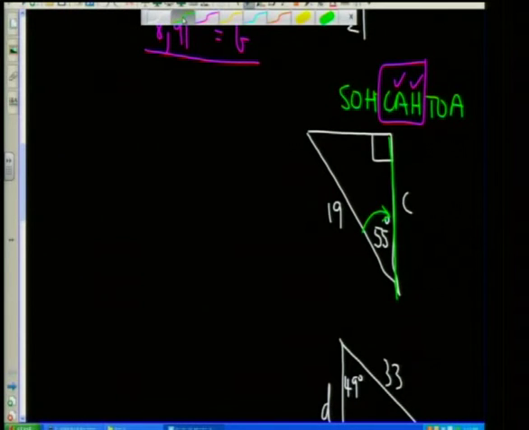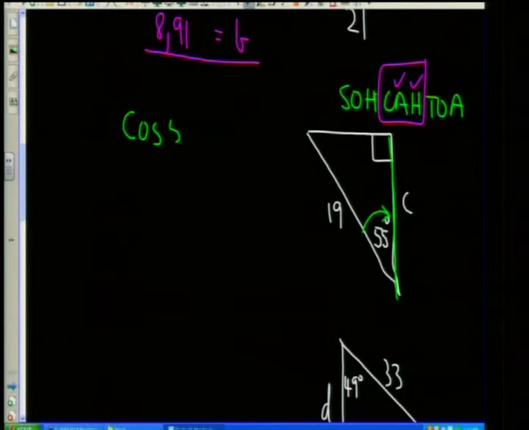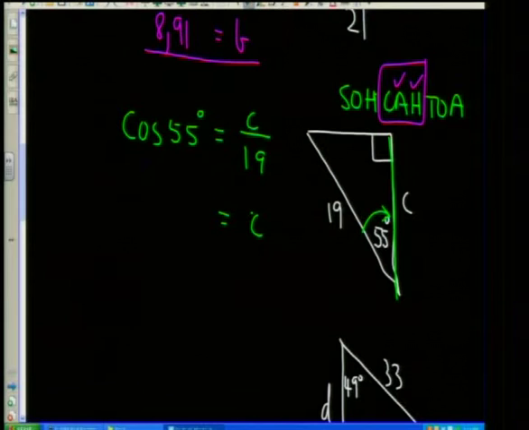We can say therefore that the cos of the angle is equal to the fraction C over 19. So C will equal, solve for C means we need to multiply by 19, so it's 19 cos 55, 19 times cos of 55.